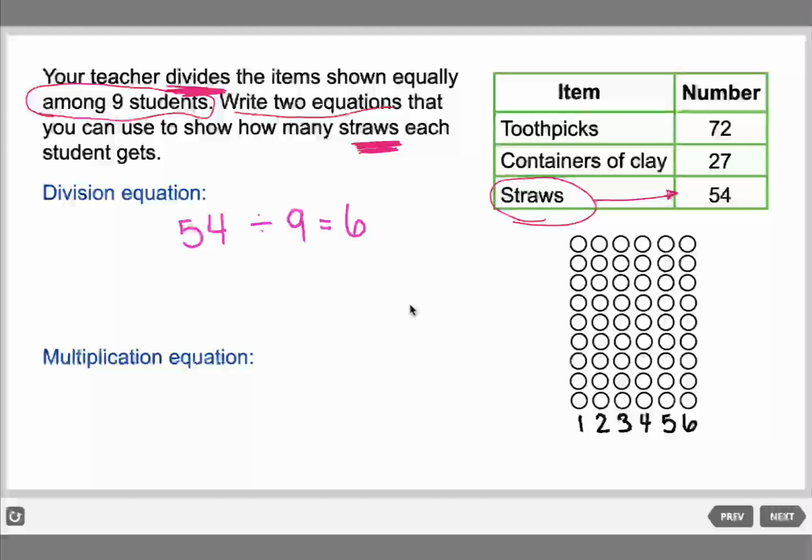Radi, give me a related multiplication equation to the division equation that we have, for the same array. 6 multiplied by 9 equals 54, or 9 multiplied by 6 equals 54. Both are correct. Okay, thank you, Radi.